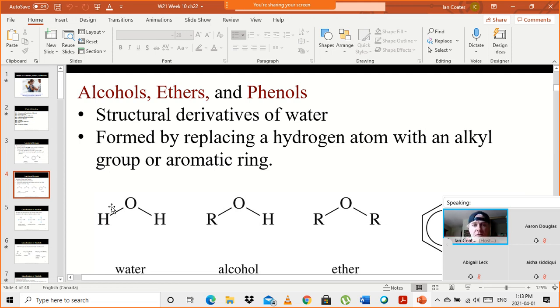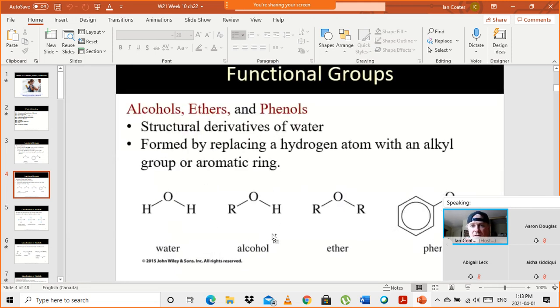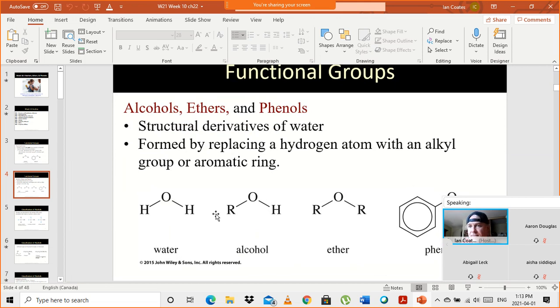Well, this bent shape is what gives water its polarity. This side up here is negative, this side down here is positive. You have a polar molecule, which now invokes a huge range of chemistry. You'll see that alcohols have that same thing.